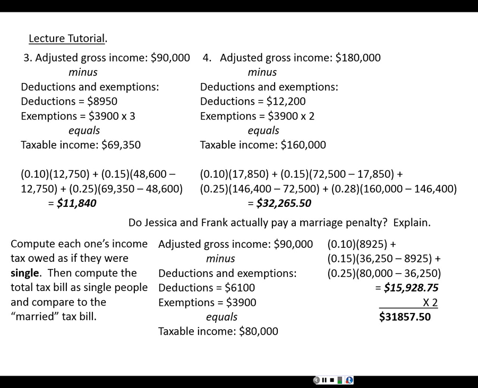As single people, they would have paid a total of $31,857.50 in taxes. That is less than they paid as a married couple. So if you compare those two, they pay more being married than they do single. That's counterintuitive, and that rarely happens, but it did happen here. So they do pay a marriage penalty.